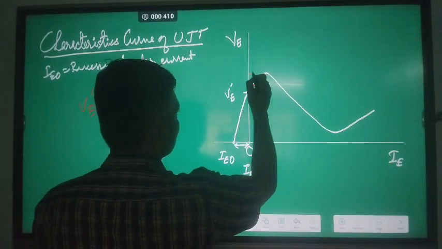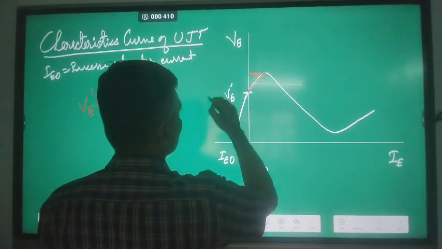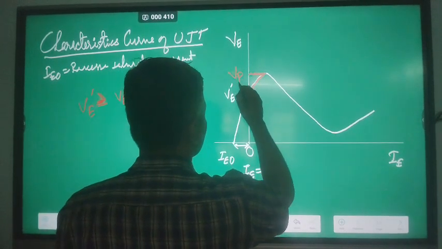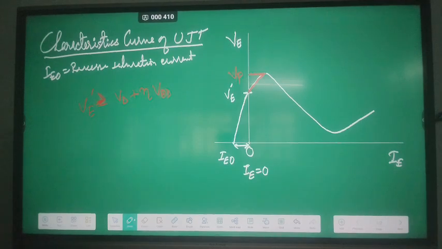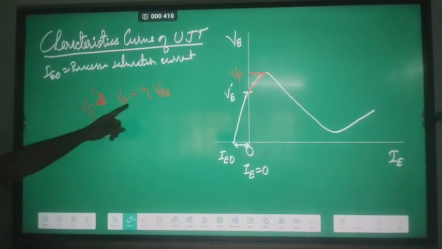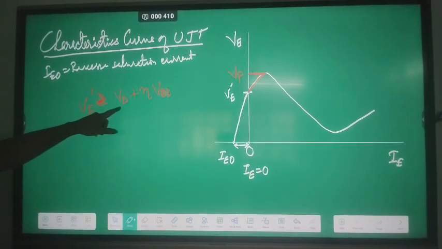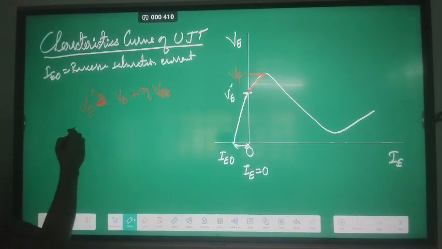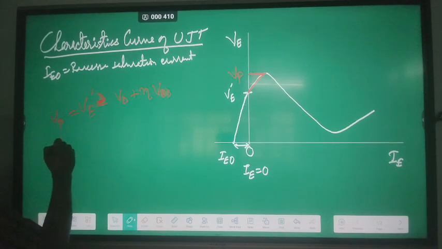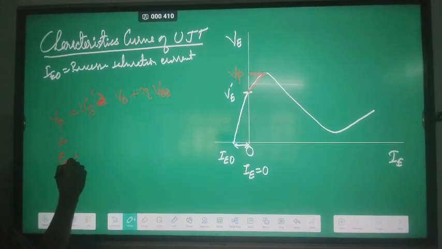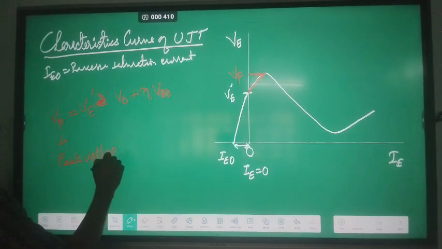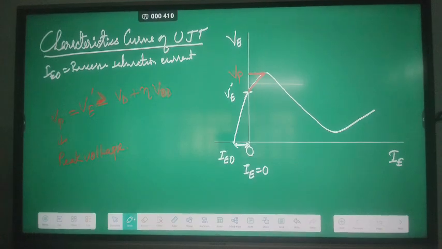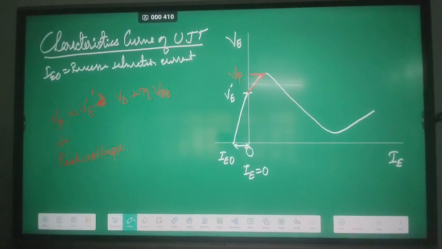At this point, at this voltage, which I call VP, the value of VP is just equal to VD plus eta VBB, and we call that the peak voltage. So VP is the peak voltage at which it is equal to VD plus eta VBB.